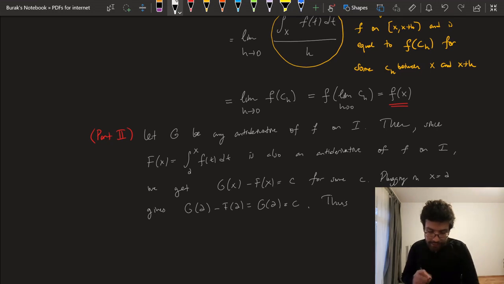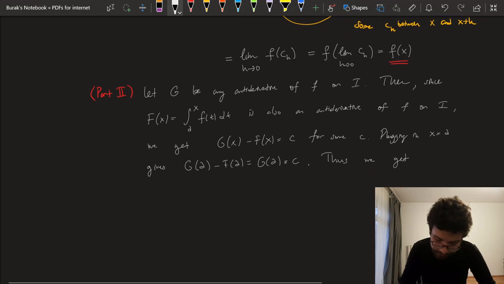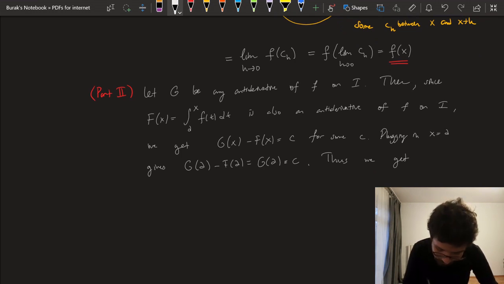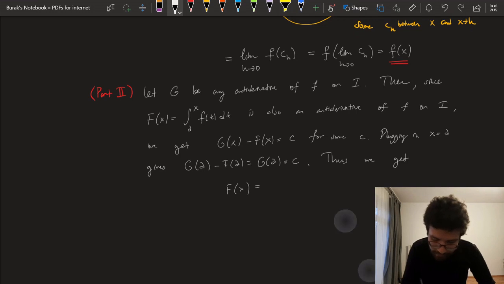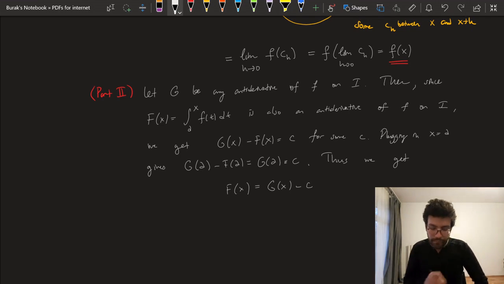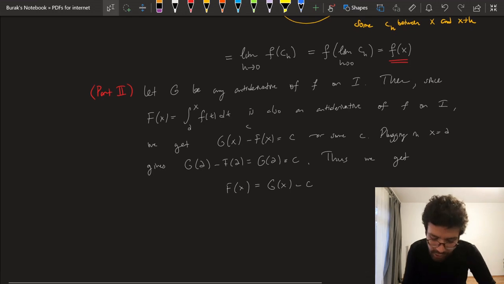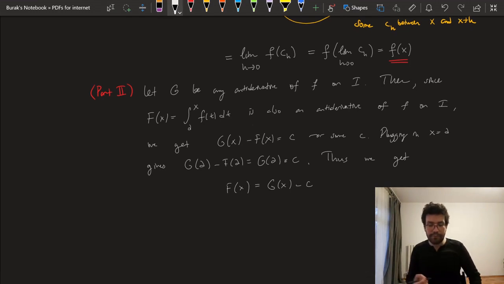Thus, we get that. Now, I'm going to put F on the right-hand side and C on the left-hand side. So put F over here, put C over here. You're going to get that big G of x minus C is equal to big F of x.